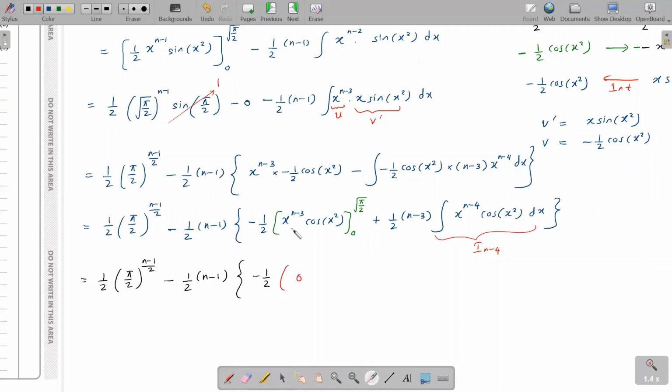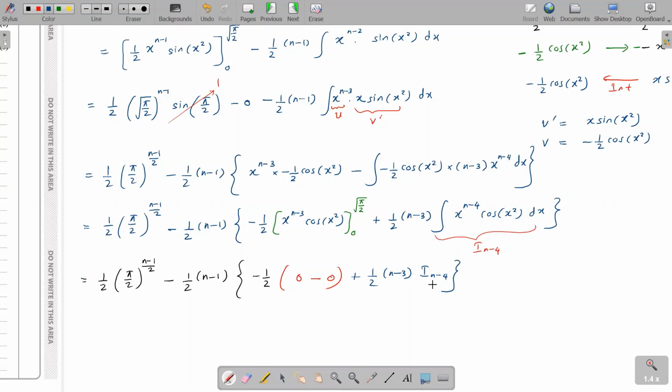Because here root pi over 2 to the power n minus 3 into cos of root pi over 2 squared is cos pi over 2, which is 0. Minus again, when you put 0 for x in here, cos 0 is 1, but here x becomes 0. 0 into 1 is 0. That whole bracket is 0. So I'm only remaining with half n minus 3 times I n minus 4.